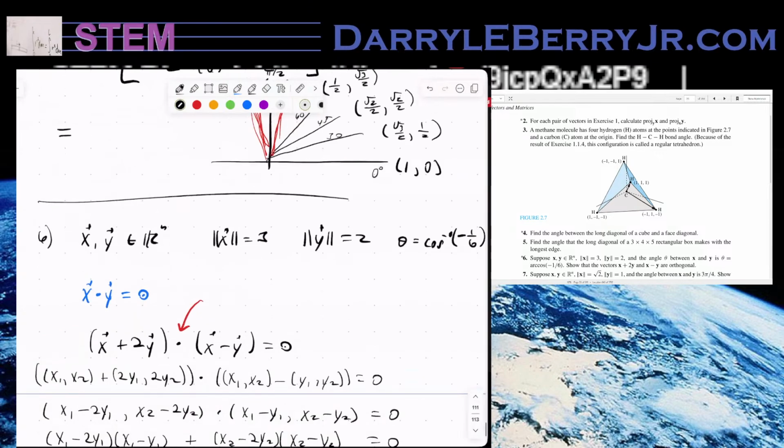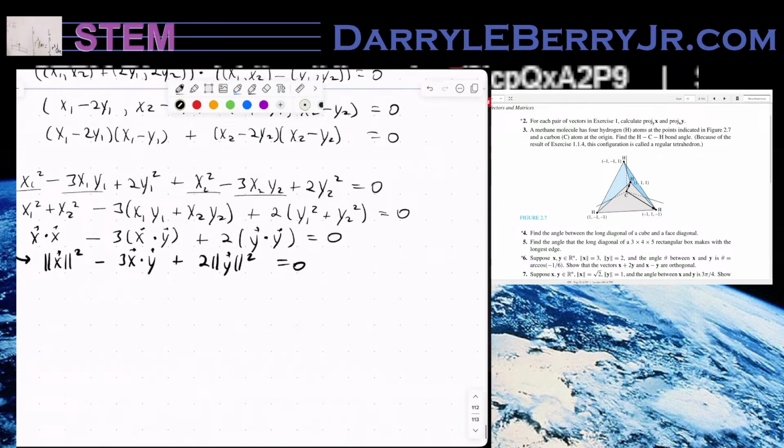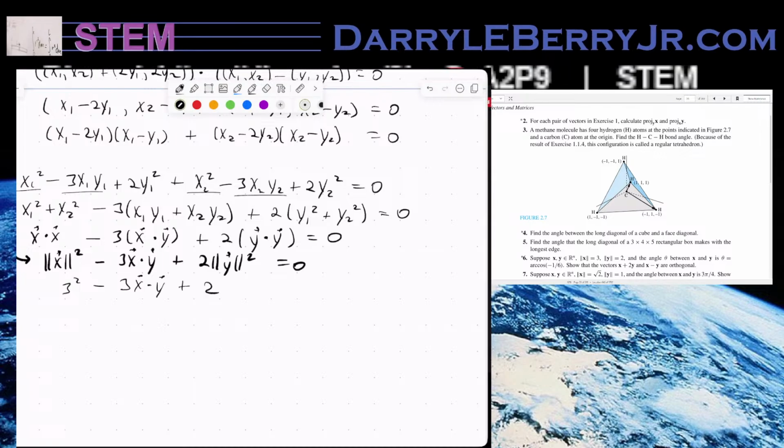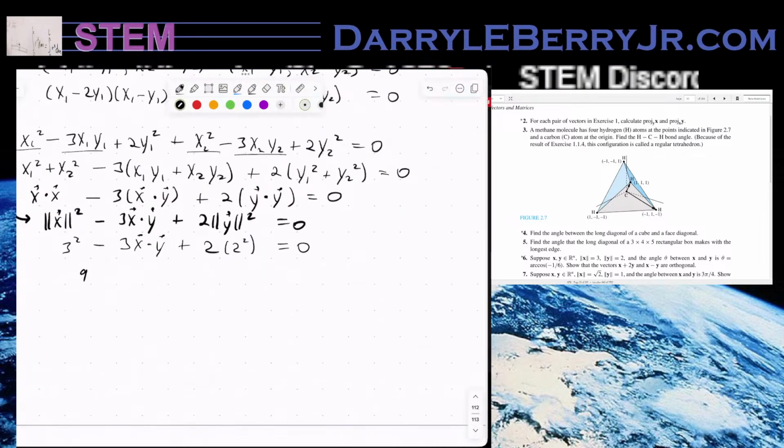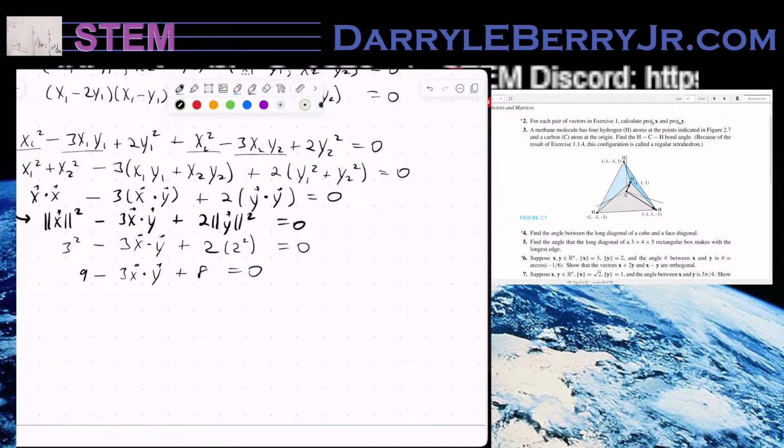And they gave us the magnitude of x and the magnitude of y. So the magnitude of x squared is 3 squared, minus 3x dot y, plus 2 times 2 squared equals 0, because it is the magnitude squared. So we have 9 minus 3x dot y, those are vectors, plus 2 times 4 is 8 equals 0.